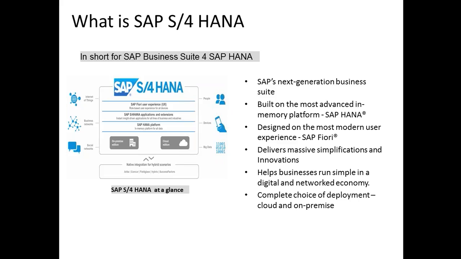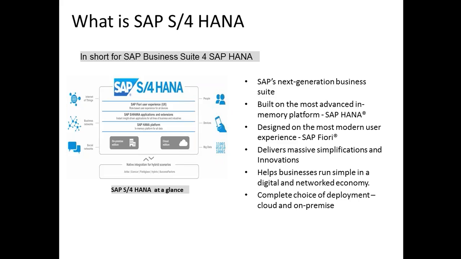And SAP S/4HANA provides massive simplification and innovations. When I talk about simplification, the entire underlying data model has been completely changed, and the innovations it offers are that it can connect to machines, people, devices, business networks, the Internet of Things, etc. It helps business to run simple in a digital and networked economy, and the most important thing is that it comes with a complete choice of deployment.